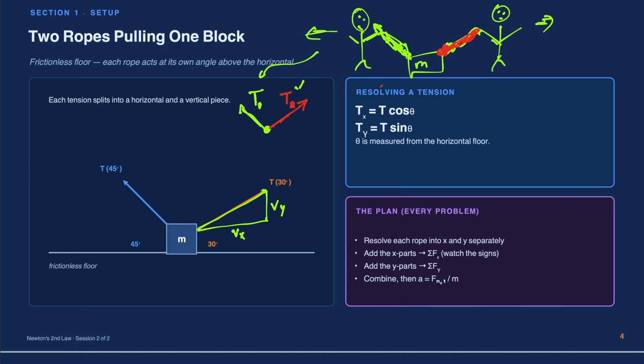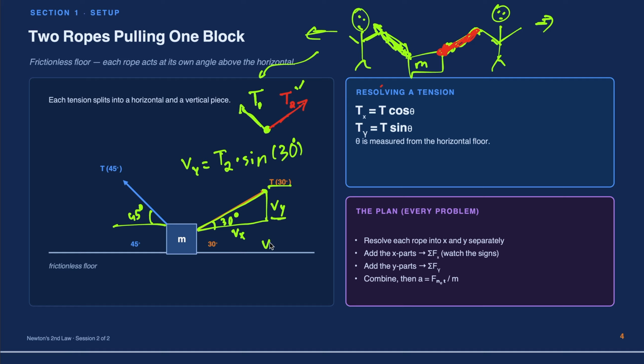Let's just say this is a 30 degree angle here, and this is a 45 degree angle with the horizontal. Then you remember how we can split this vector, how we can find out the Vy and Vx components. Vy is just going to be T2 times sine of 30 degrees. If you didn't understand what I did there, watch my other videos regarding vectors.